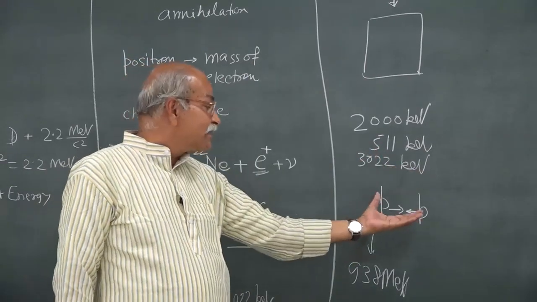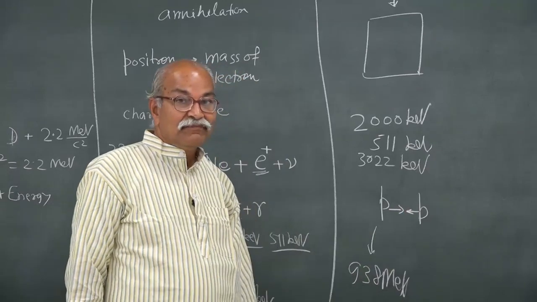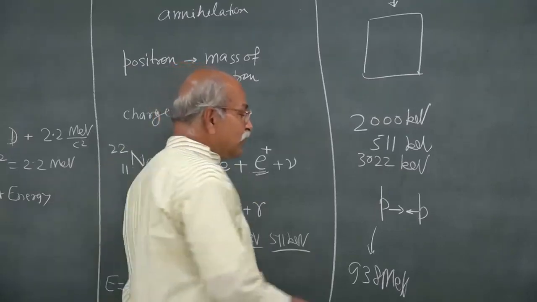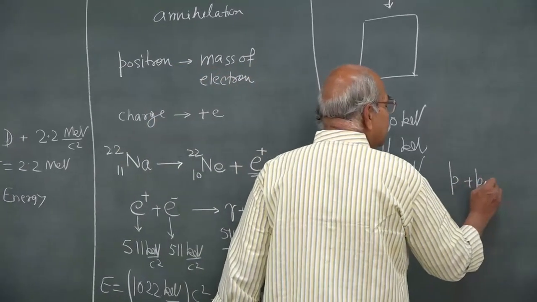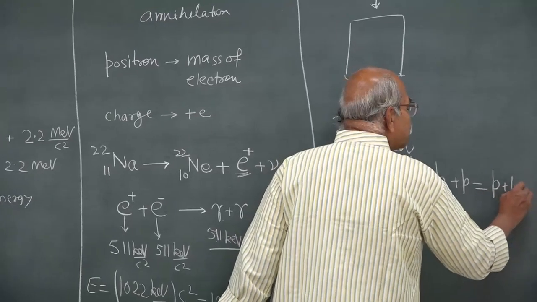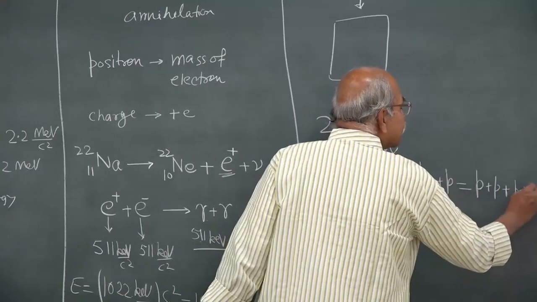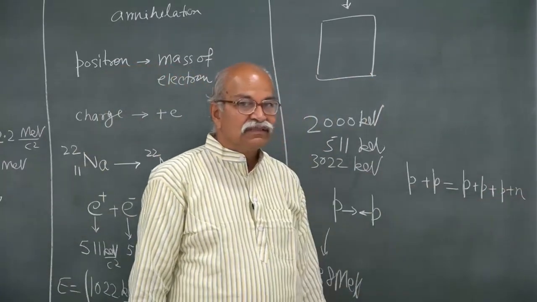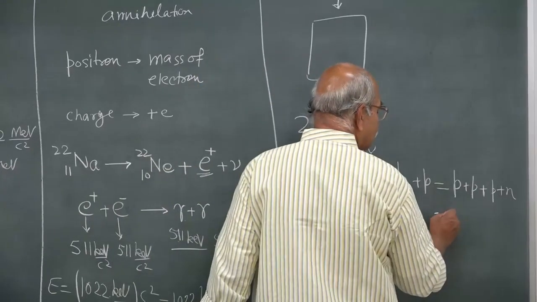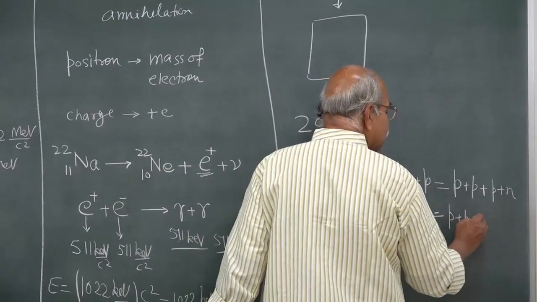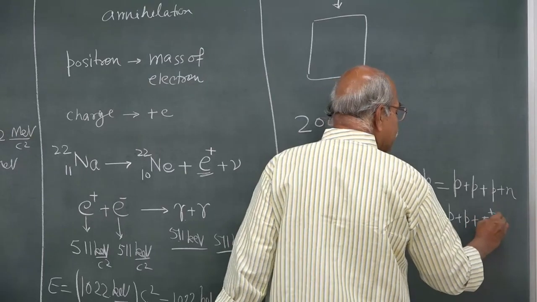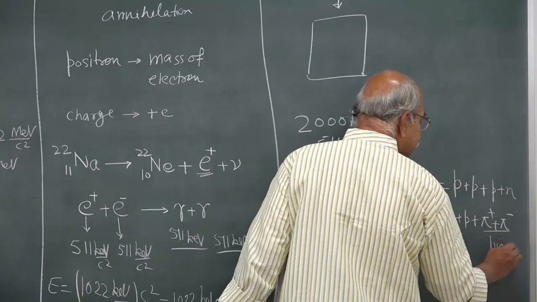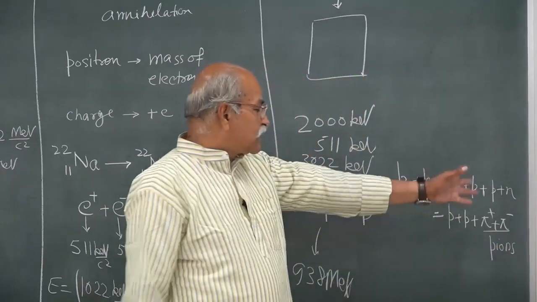When they collide, part of that kinetic energy can convert into new particles. So, you can have P plus P going to P plus a new particle, maybe P plus N, a new proton, a new neutron, or a deuteron, or some gamma, or mesons, pions, pi plus, pi minus. Neutral pions are also there.